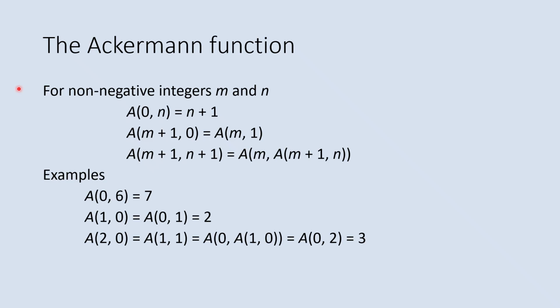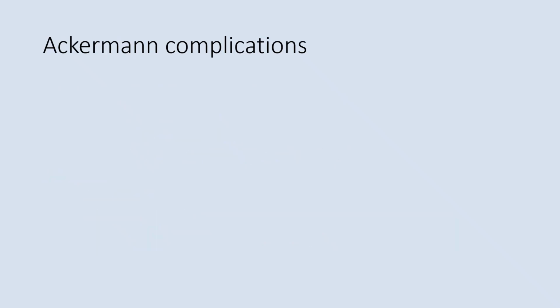All right, so this can get more complicated. If we go a little bit further, let's take a look at A of 3, 0. Following our steps there, we see that A of 3, 0 will be A of 2, 1, because the first value decreases, but the second value goes up.